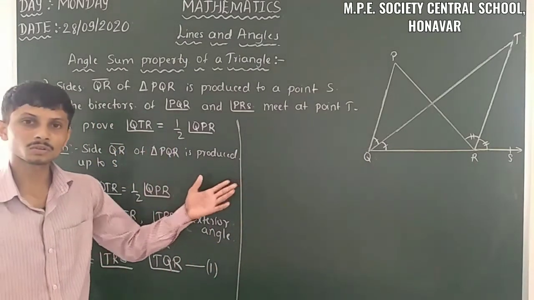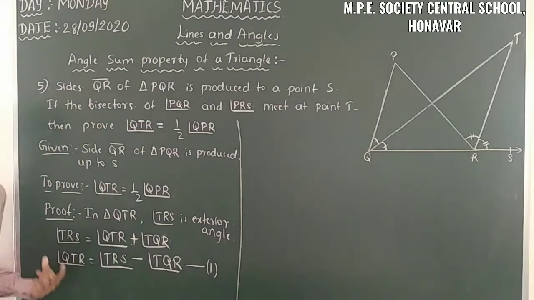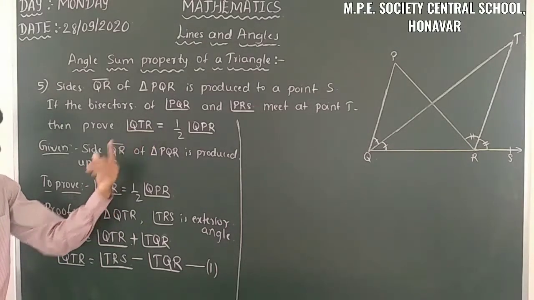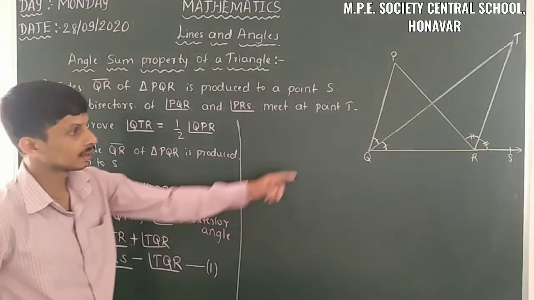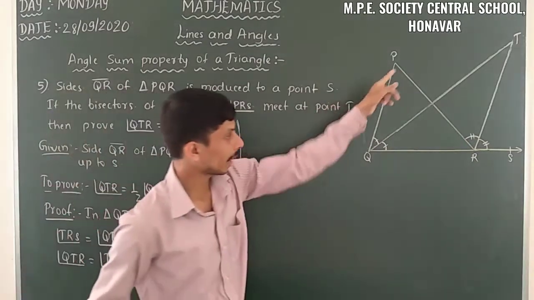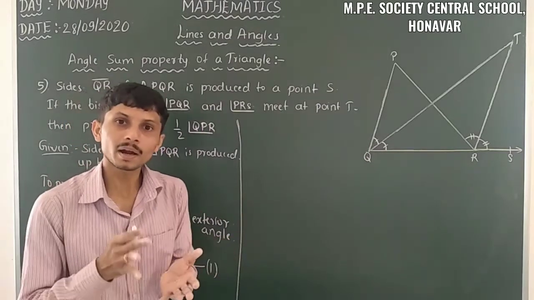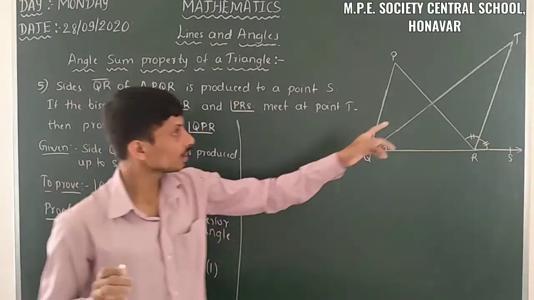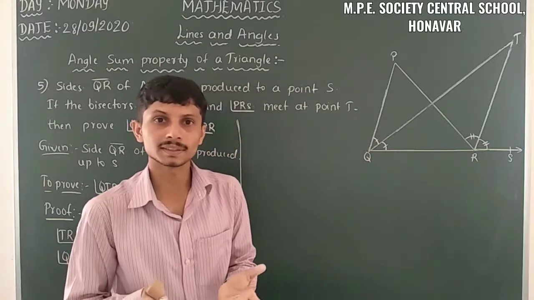So let us move on to the next part. Here angle QTR is on the LHS, so we have to change these parts. Just observe angle TRS and angle TQR. Those two are parts of the angle bisectors.